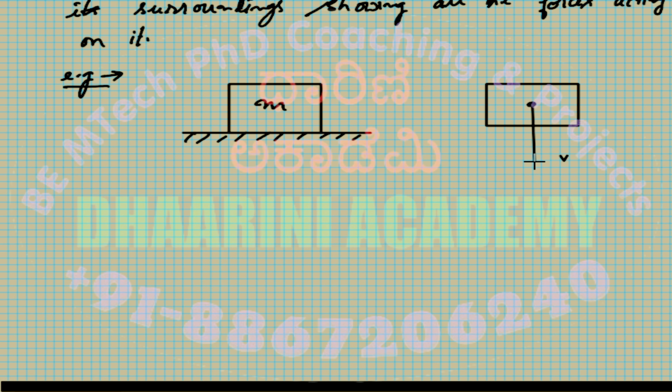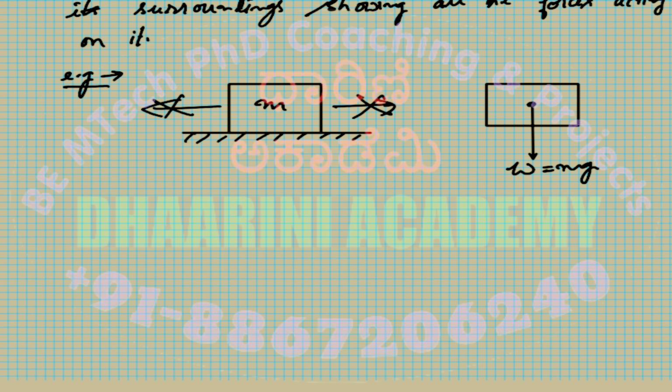So you can definitely write one force like this, which is nothing but, right, this is the weight, W equal to mass into the acceleration due to gravity. At the same time, we know that since this is lying on a surface and the body is not moving to the right or to the left, it's not moving. So there is no friction.